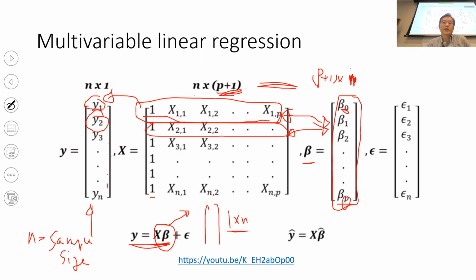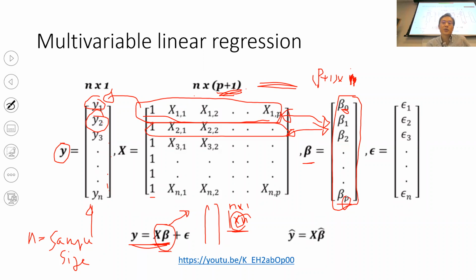This vector should have the same dimension as your y. The y is your observed, and this is your predicted.